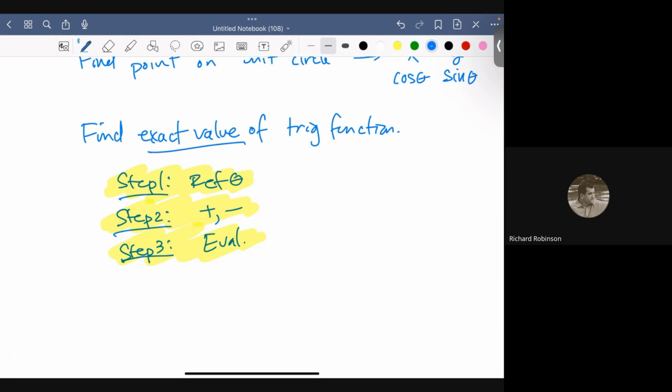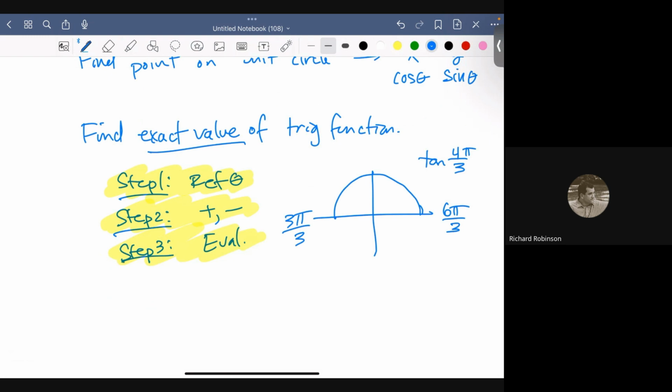Step one is to just find the reference angle. It's exactly what David said. For example, let's do the tangent of 4 pi over 3. He said the first thing he notices is that pi is 3 pi over 3, right? So he would go all the way to here, but if he went all the way around, this would be 6 pi over 3, correct?